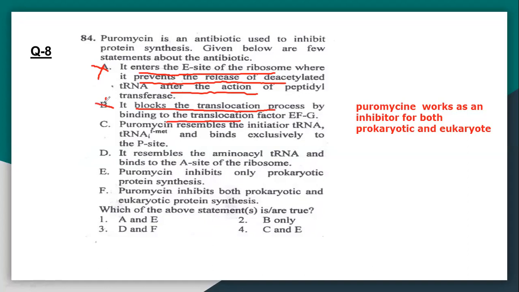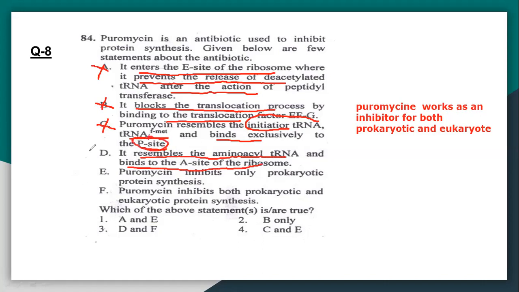No. Puromycin resembles the initiator tRNA complex, which binds exclusively to the P site? No, it actually resembles aminoacyl tRNA and binds to the A site of the ribosome, not the P site.